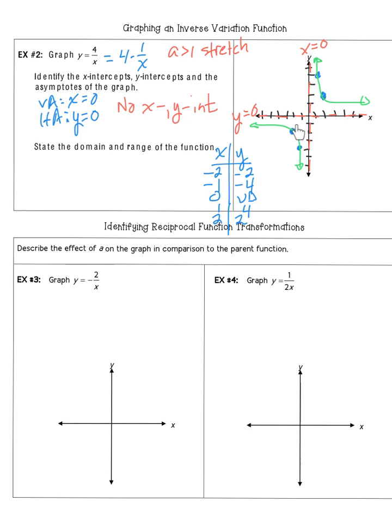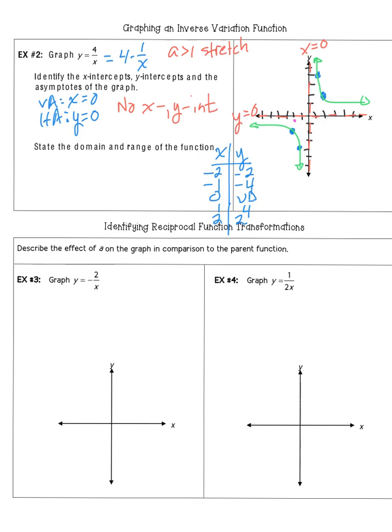And you can see that it is further away from the origin than the parent function because I'm going to plot our ordered pairs from the parent function from before so that you can see the difference. So I'm going to plot the parent function in pink. So we had -2 and -1/2.